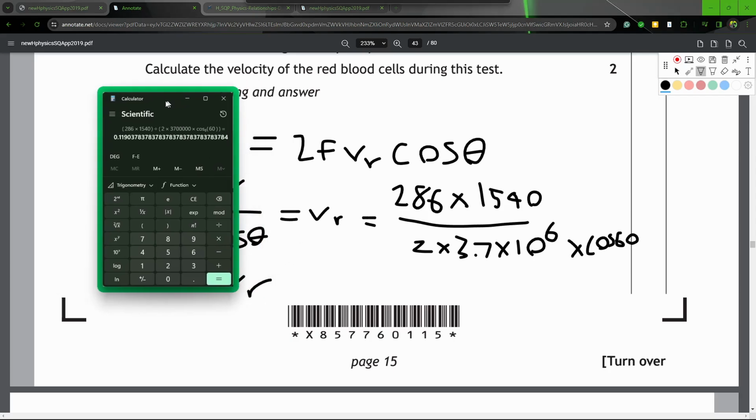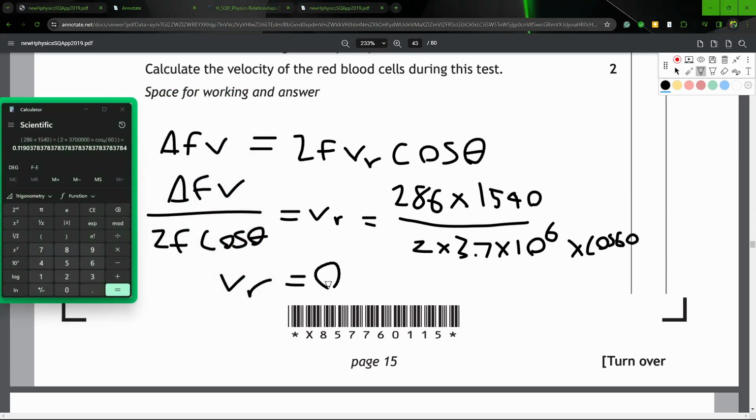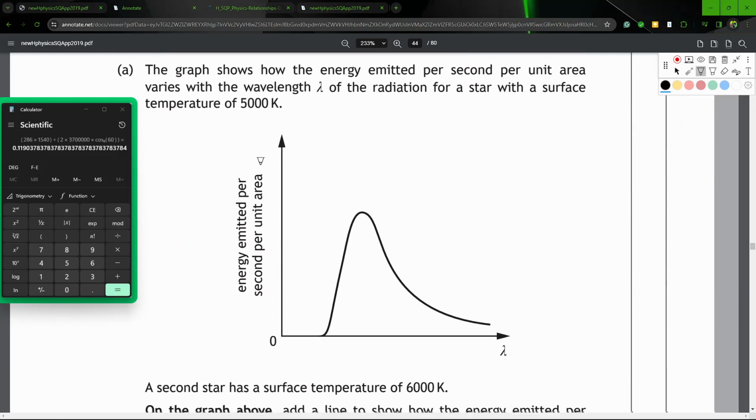Oh, and then we get this number. I'm going to round it to 2 decimal places. But yeah, we'll keep it at 2 decimal places. You can't stop me, SQA. And there we go. Oh, long one, isn't it?